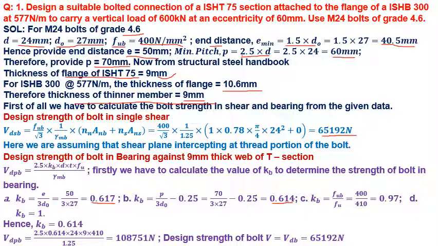Take the smaller value of these four. So kb is taken as 0.614. Therefore, VDB is 108751 Newton. Hence, design strength of bolt is taken as the smaller of these two, that is 65192 Newton.